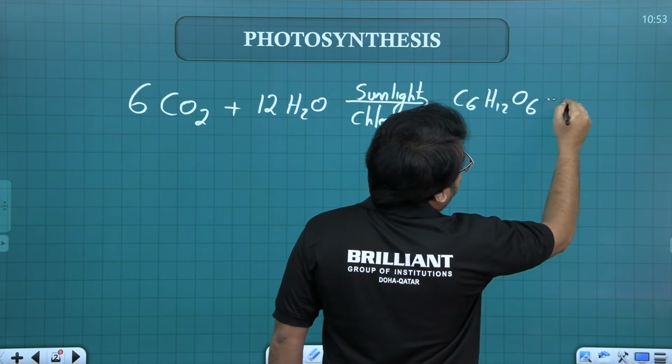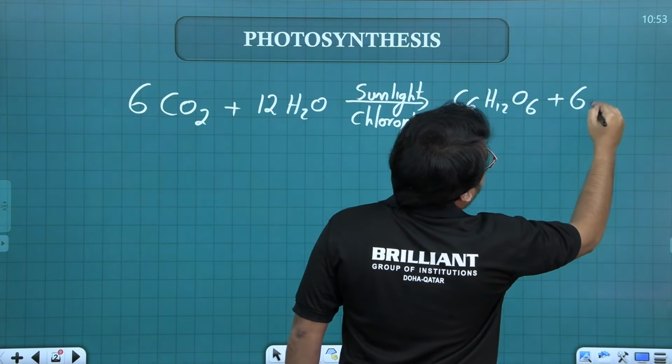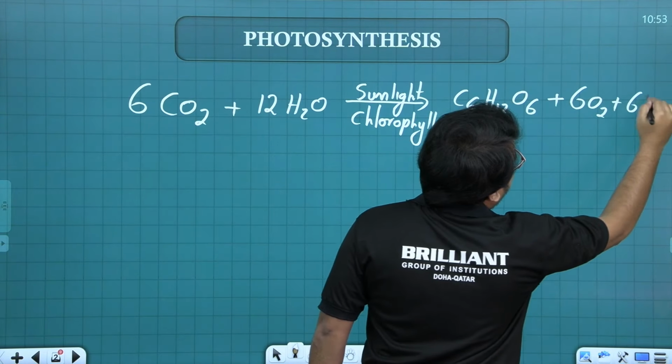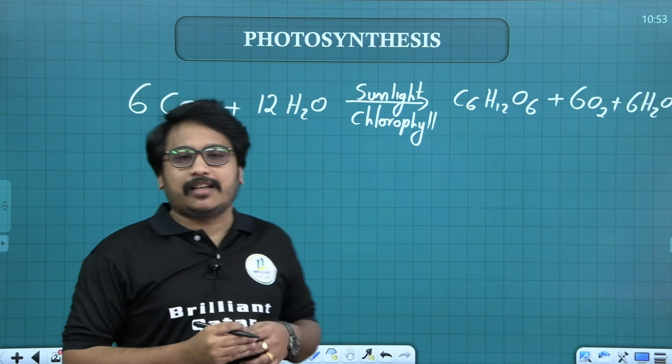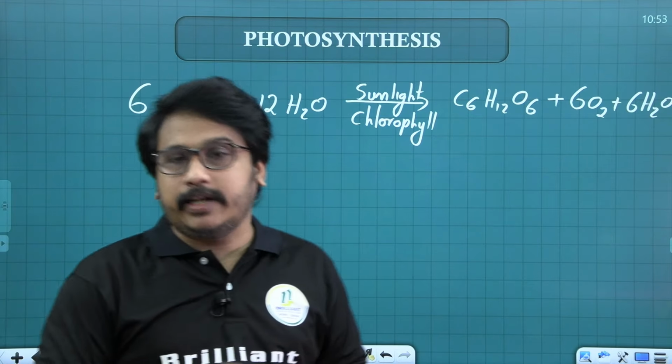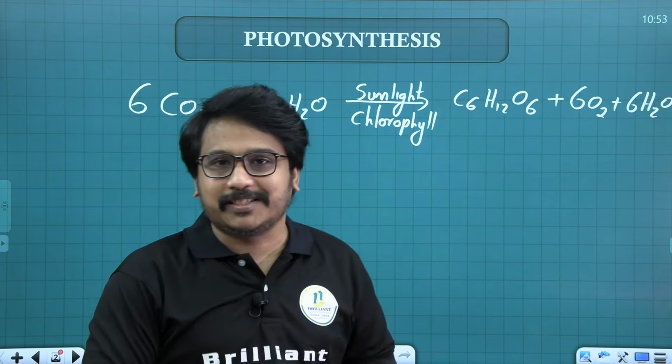So a hexose sugar is formed, and here they will be releasing 6 O2 and 6 H2O molecules. So this is the general chemical equation for photosynthesis.